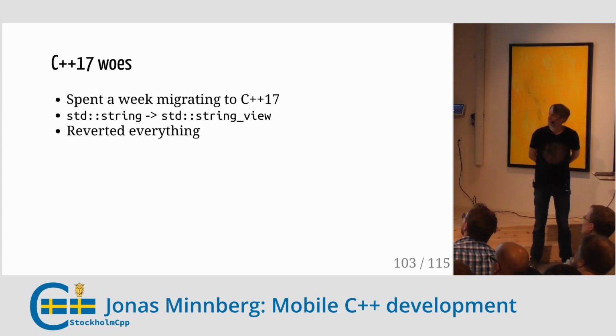So that second point there, we have a lot of strings, so I thought that switching to string_view would make things faster. It slowed things down. Can anyone guess why? Created strings from string views. Maybe.